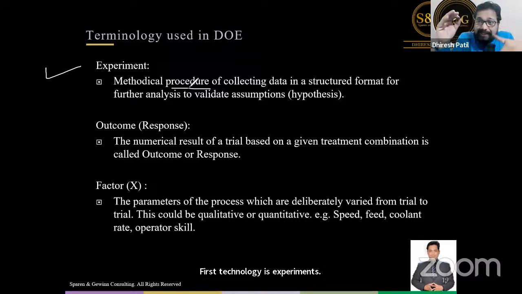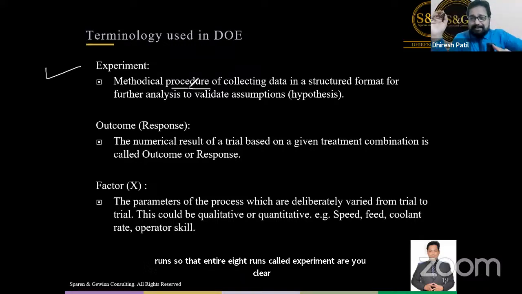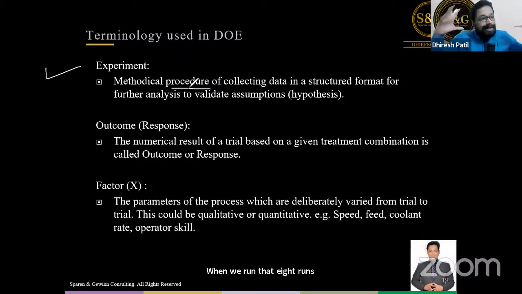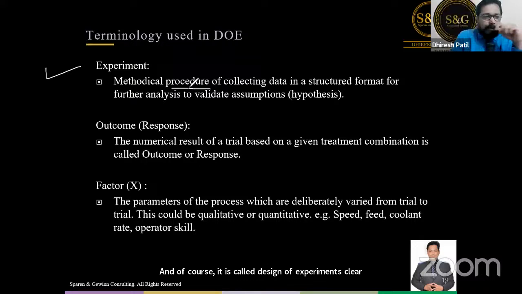Whatever 8 runs we have done, that entire 8 runs together is called one complete experiment. And of course, it is called design of experiments. Clear, everybody? Experiment clear hai?